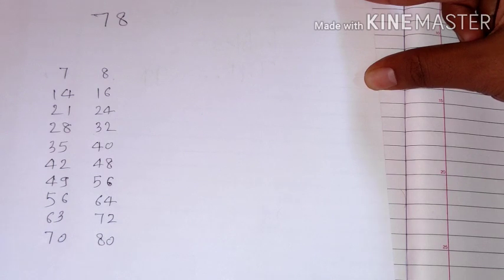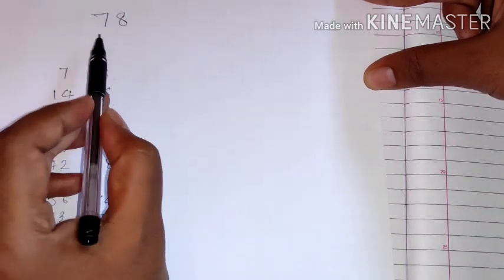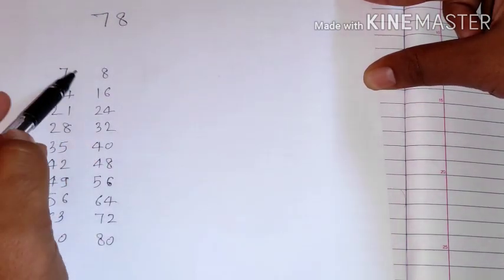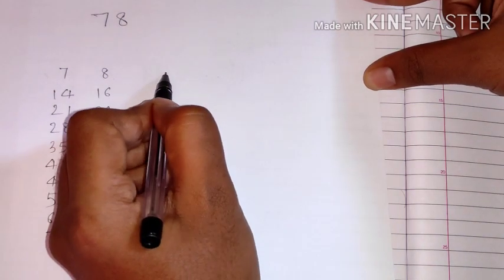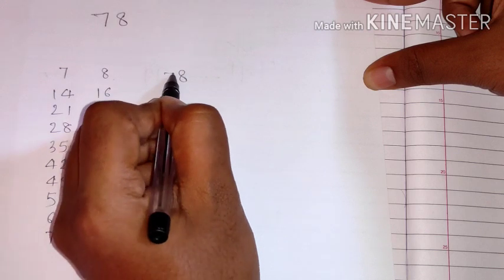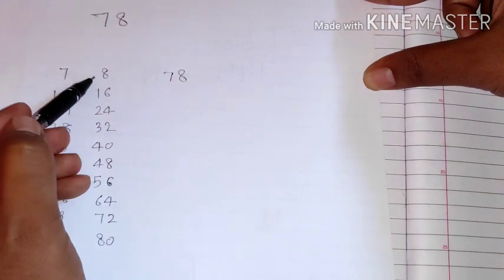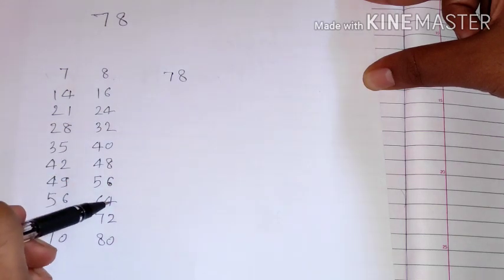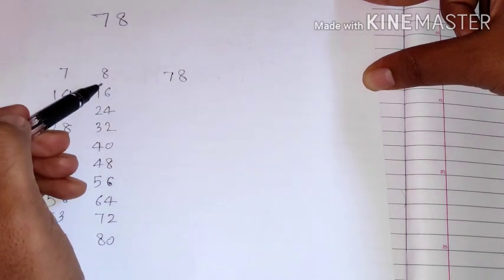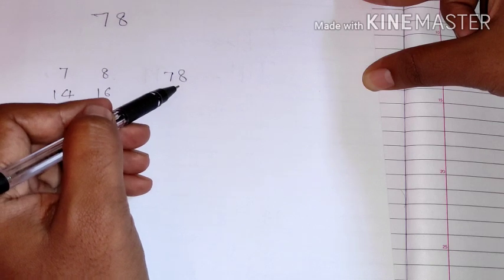Let's prepare the 78 table. First we require the 7 and 8 tables, which I have already written to save time. Now 7 and 8 I am going to write as it is, that is 78 ones are 78. Now what to do? As I told you, the unit places in the 8's table are going to come here as it is.